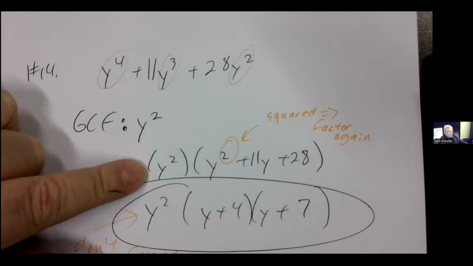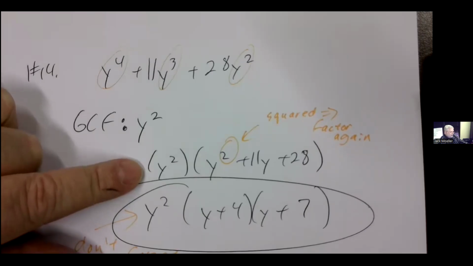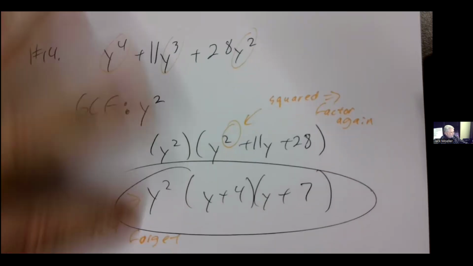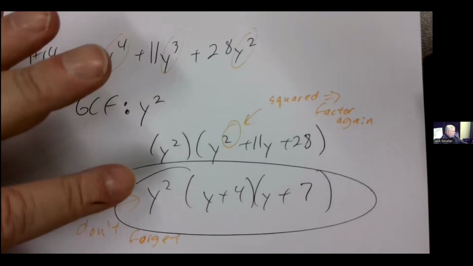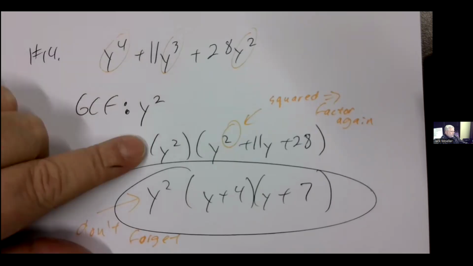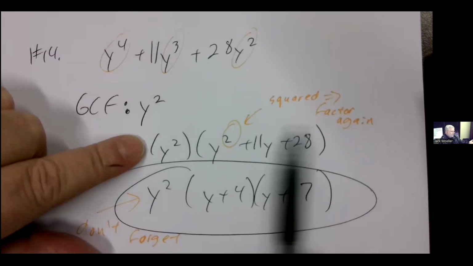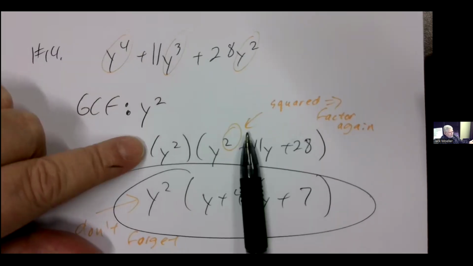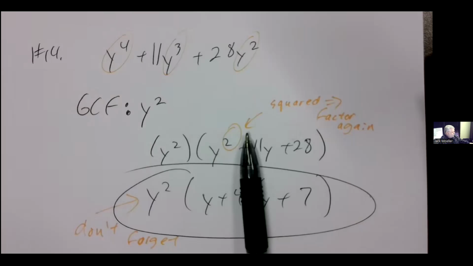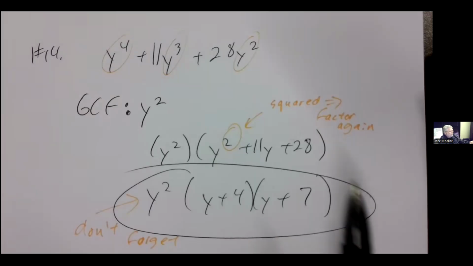Even if you're not getting it, I can give you partial credit if I see work. A lot of people on a problem like this will give me the GCF and then ignore the trinomial. That means you did half of the factoring, so you get half the credit. But again, half the credit's better than no credit, right? Those points here and there add up. And on the test, points matter a lot more than they do in the homework, right?